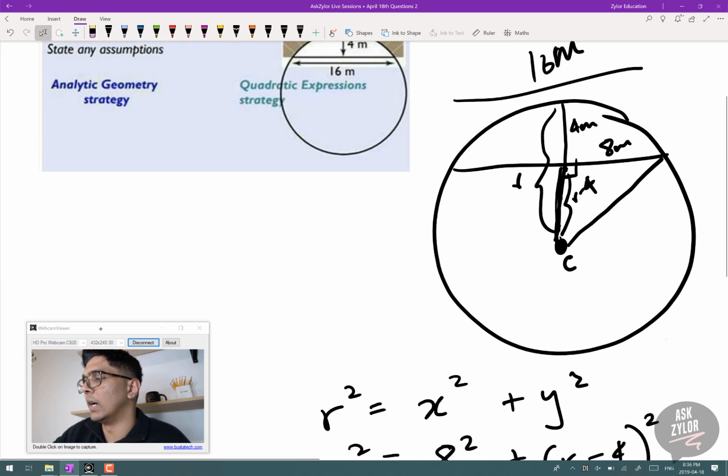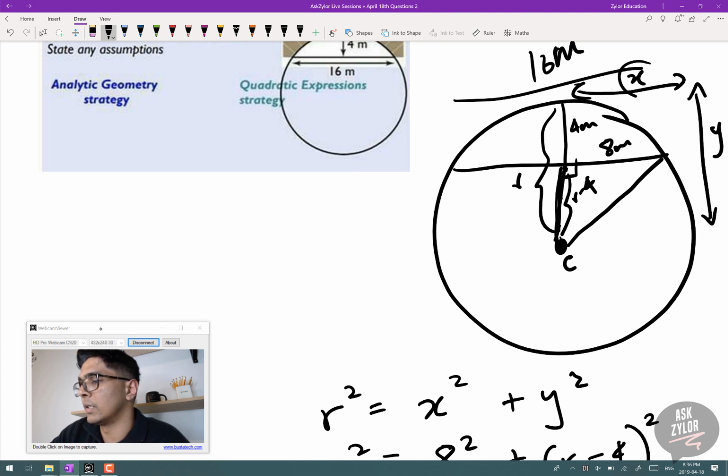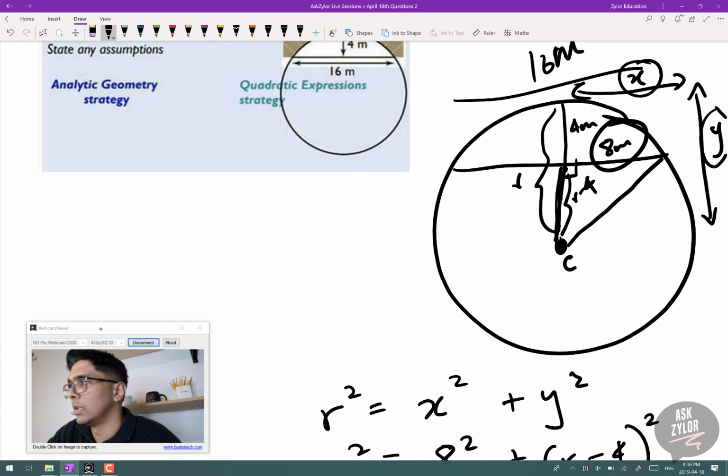Okay, so why is it 8? Because this is my x value and this is my y value. So my x is going to be just 8, which I found over here, and my y is going to be r minus 4.